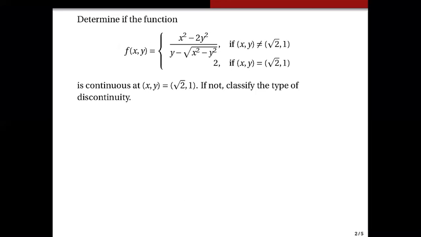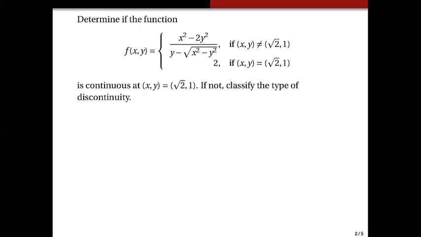Normally, proving that a function with several variables is continuous is harder than proving that it is discontinuous at some point. So in your lecture, you were given a technique on how to show that a certain function with several variables is not continuous.